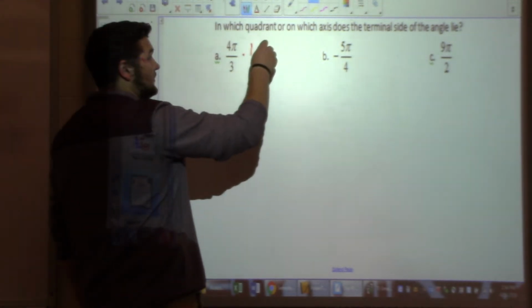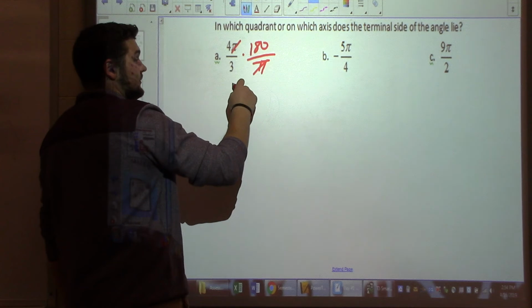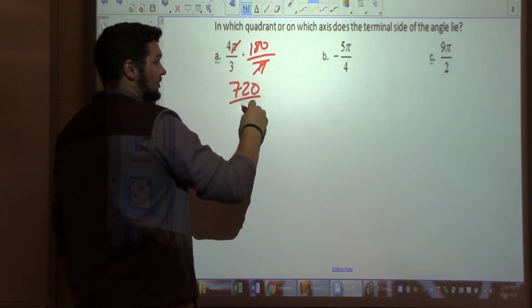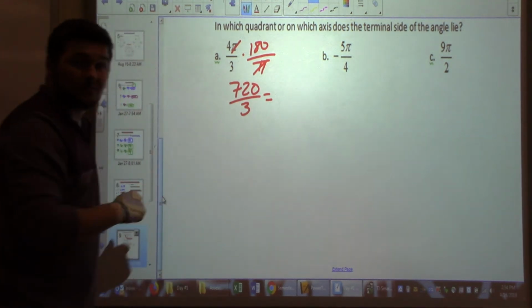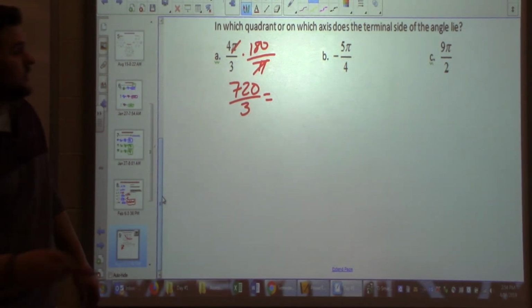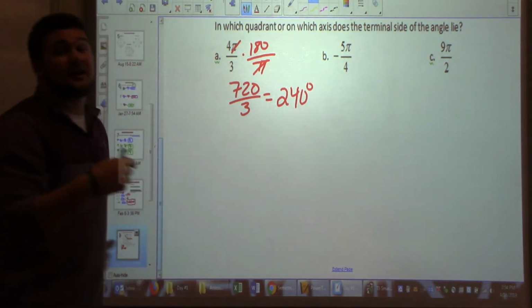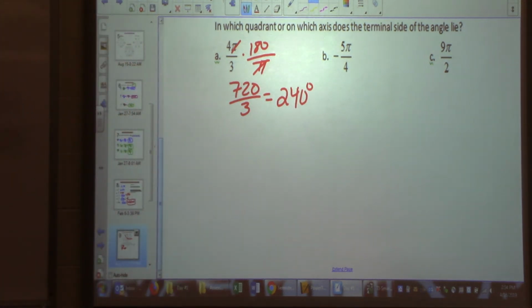Multiply by 180 over pi. We get 720 over 3, which equals 240 degrees.